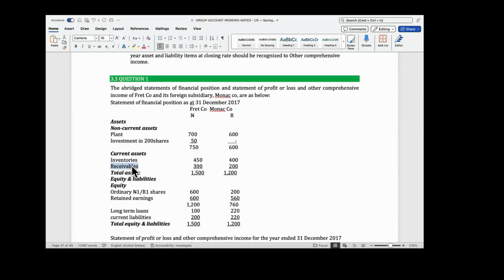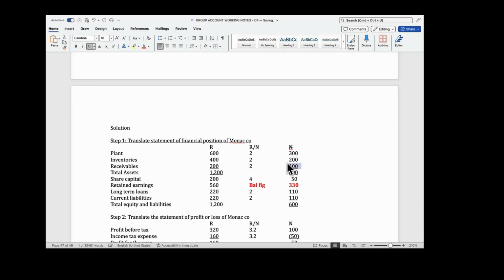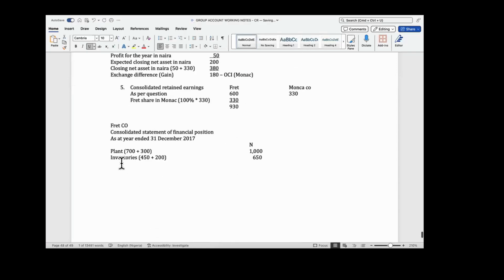Then we have receivables, which is 300 plus 100. That gives us 400.